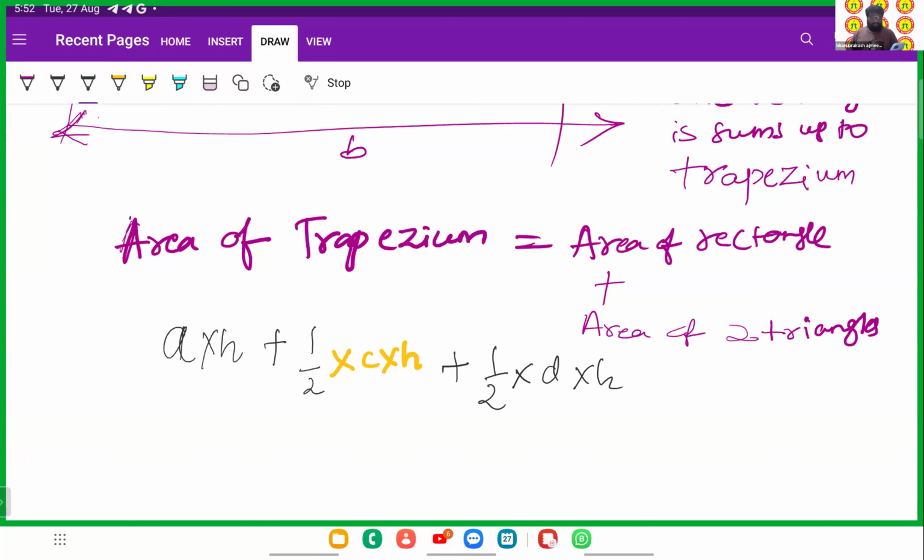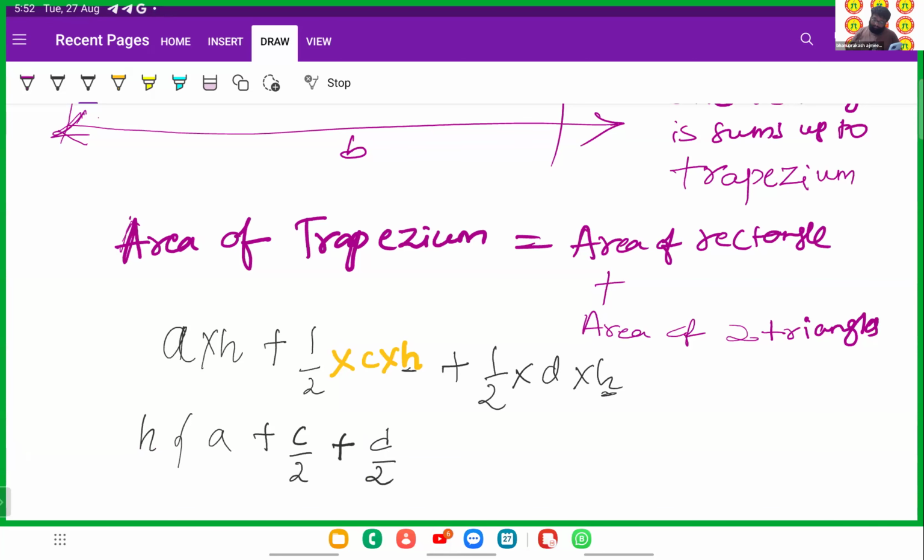Further, I will take H common first of all. Taking H common, it will be A plus C by 2 plus D by 2. Any confusion till now? No, sir.